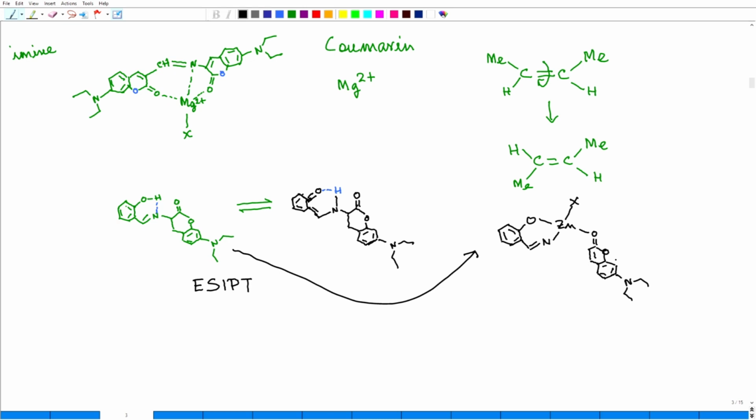I put zinc here before excitation. Without zinc, I excite it, nothing happens. Now, I put zinc and I get this structure.